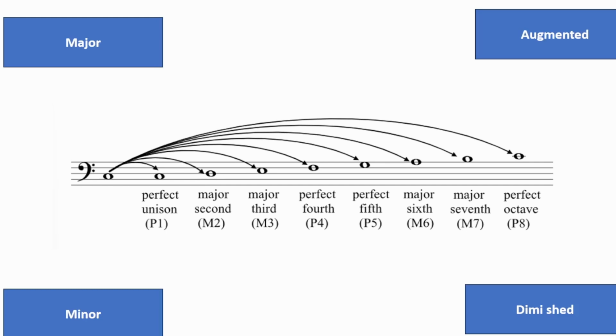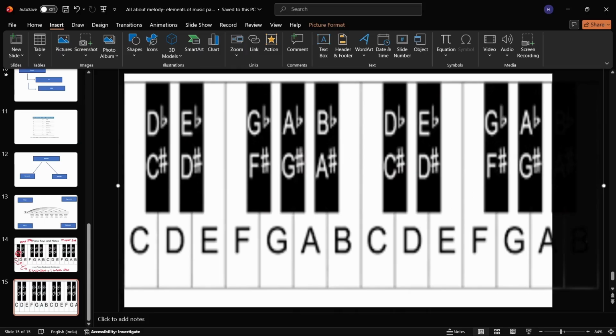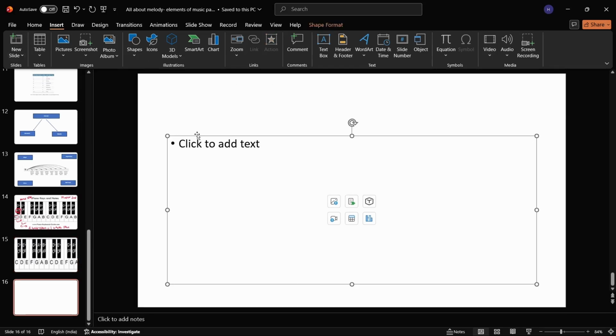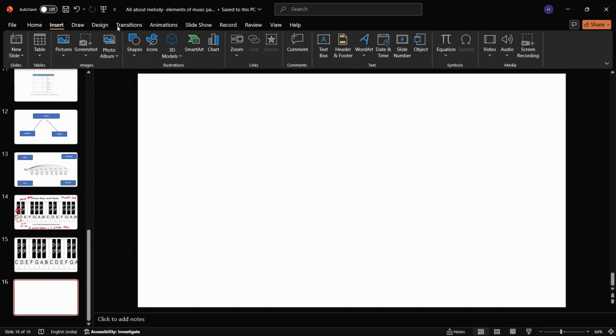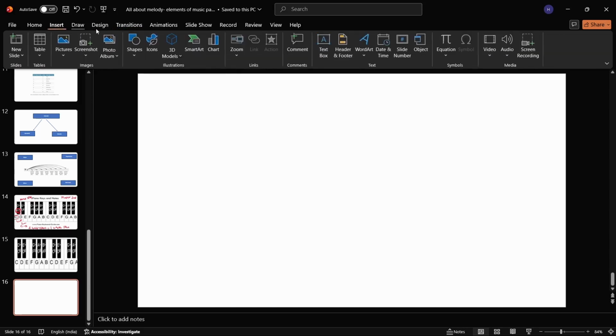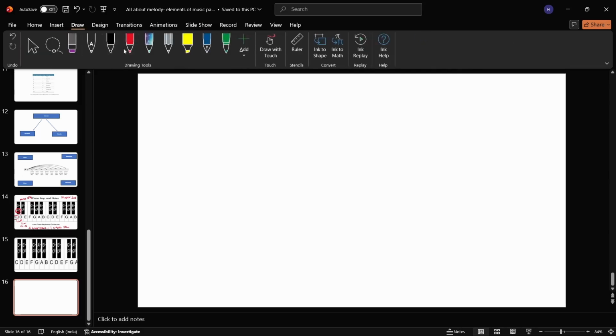We raise it to a sharp. And a diminished note, when, before we go to the piano, let me just go to a new slide and explain to you exactly what it is.